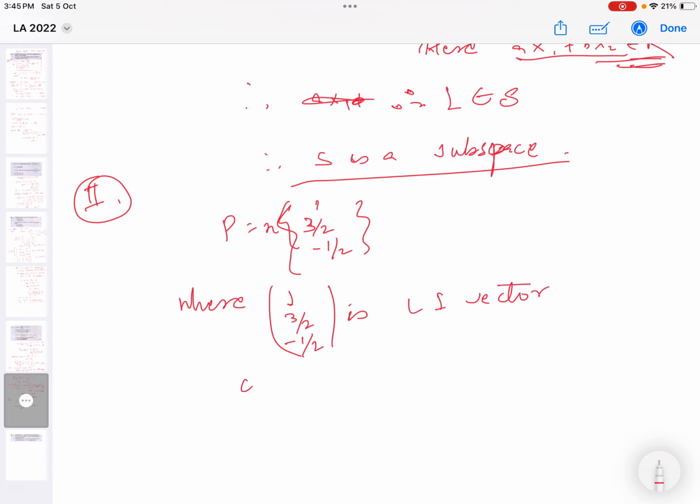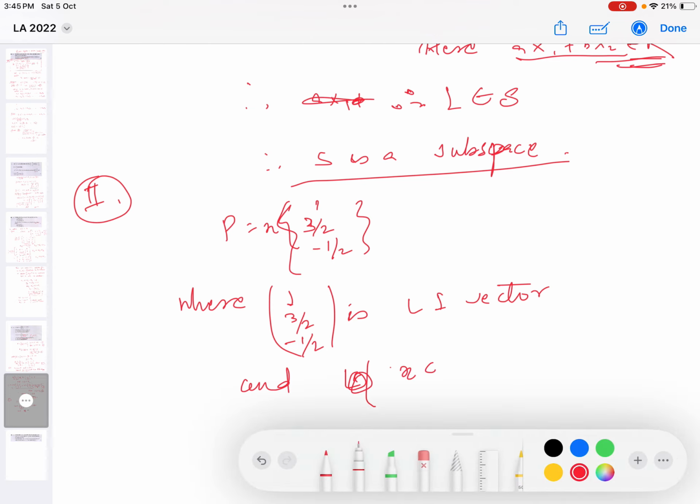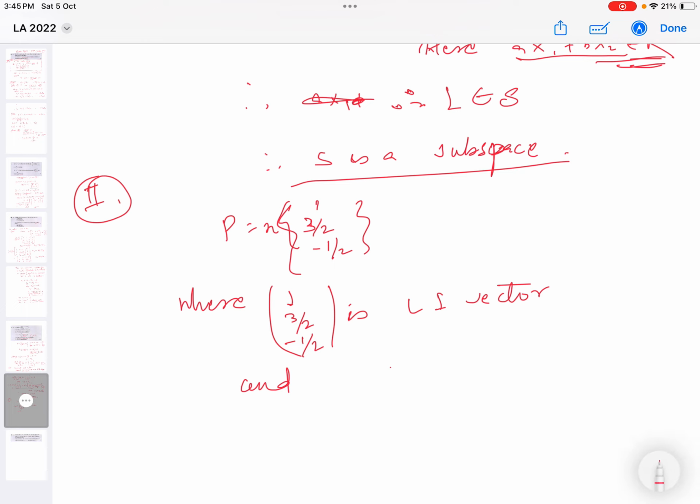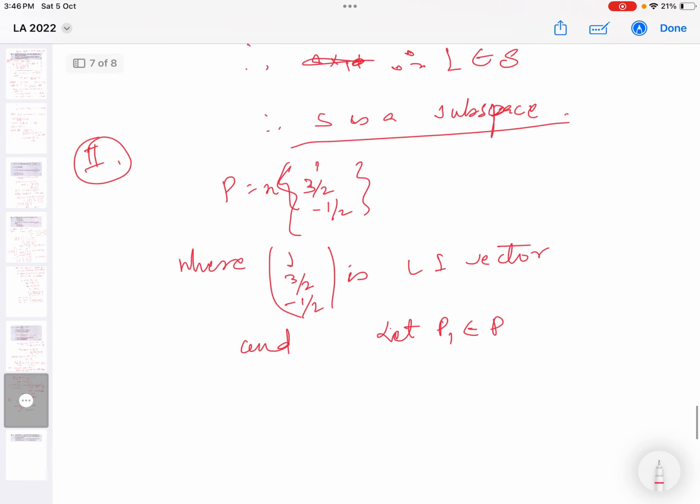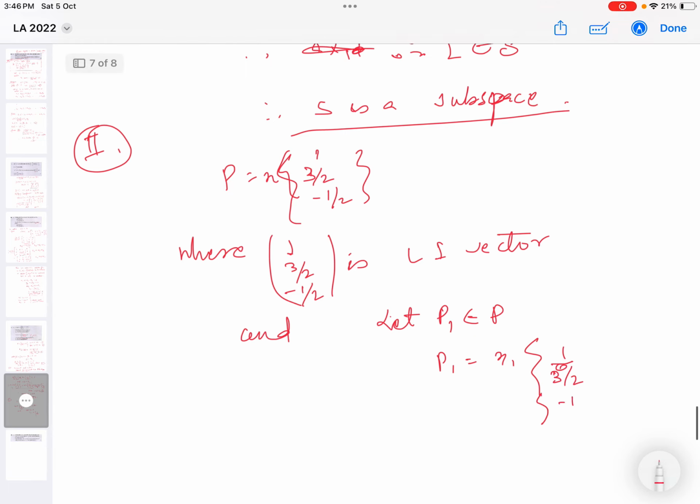and linear span basically x, say, and let P1 belong to P. So we can say that P1 is equals to x1 times (1, 3/2, minus half). बस हमने बेसिस की डेफिनेशन हम वहीं प्रूव कर रहे हैं जो हमने पहले भी प्रूव करा था.